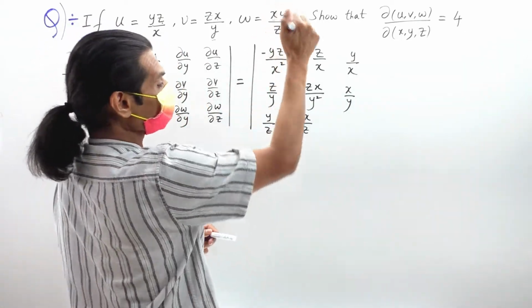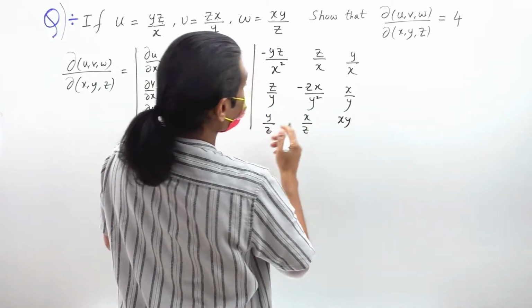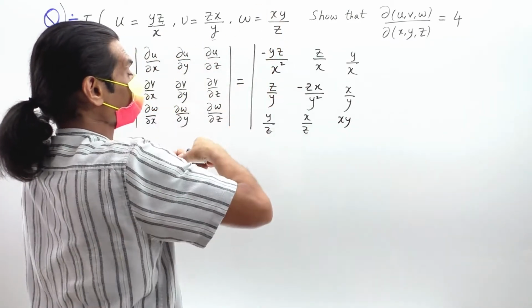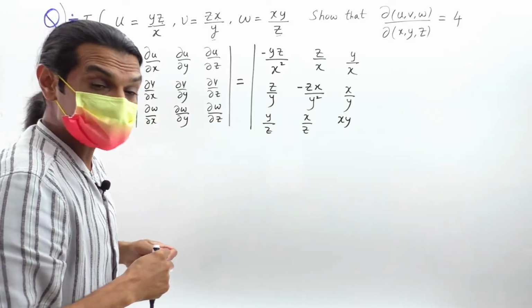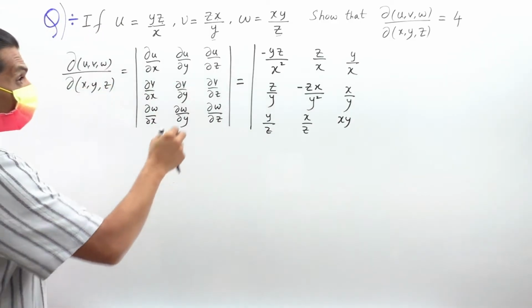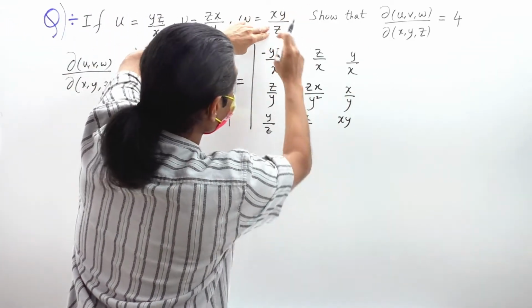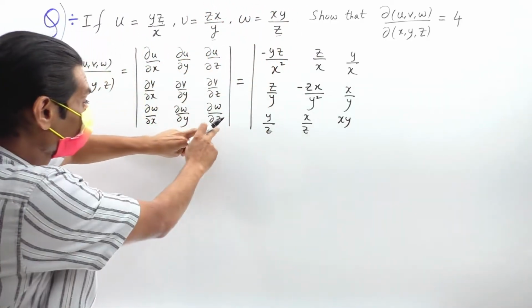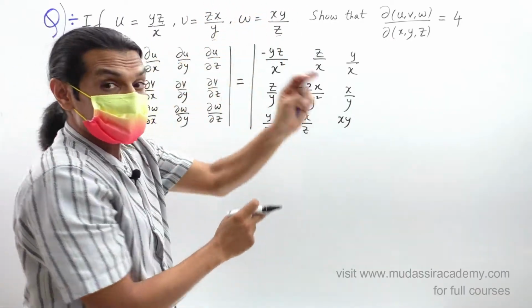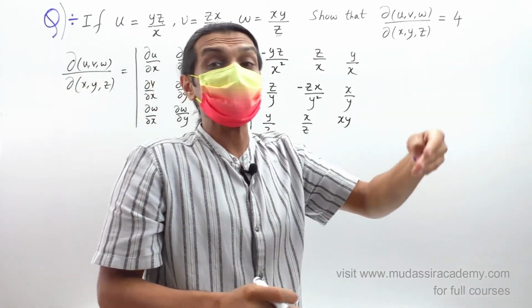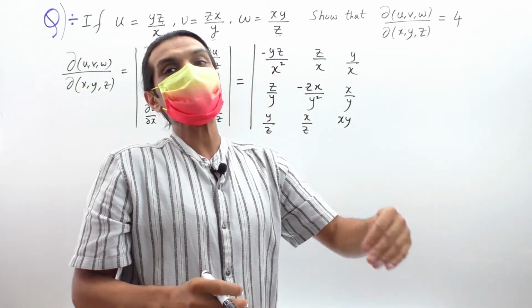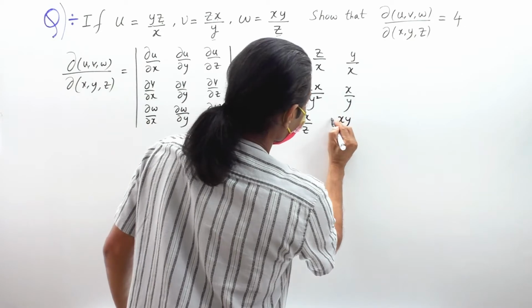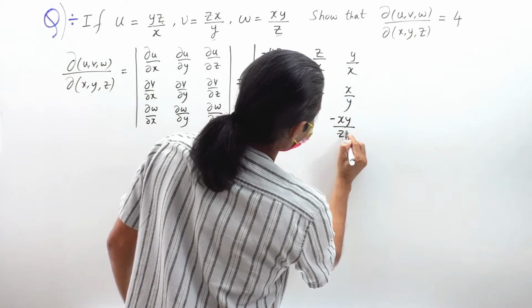Lastly, dou w by dou z, x y as it is, we are differentiating partially with respect to z. Partial differentiation of 1 by z is nothing but minus 1 by z square.